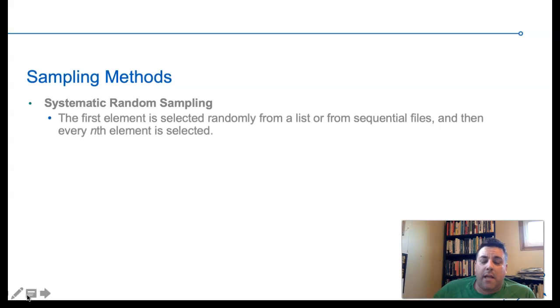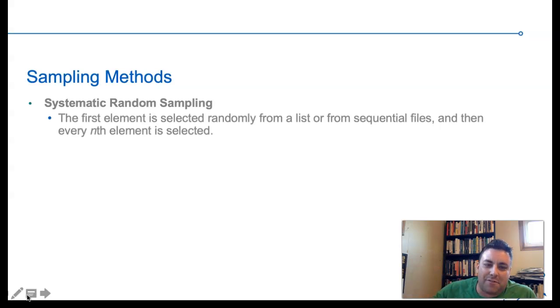In systematic random sampling methods, every nth element from a list of the population is selected. So what is nth? That's a number that you determine. So it could be every 10th, every 50th, every 36th element from a list or something like that.